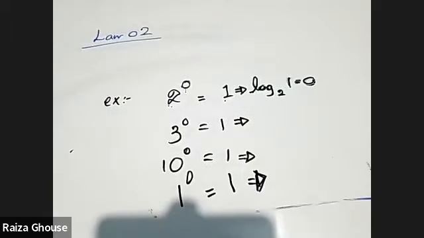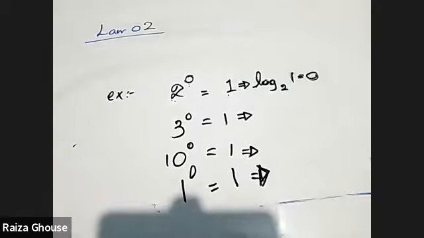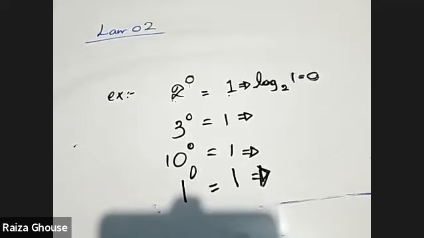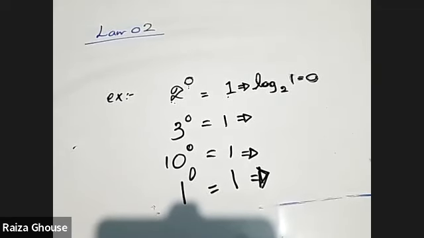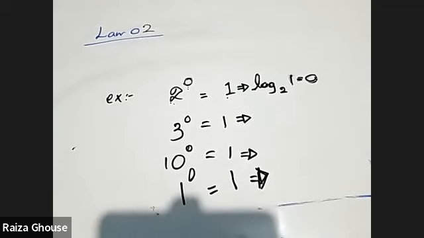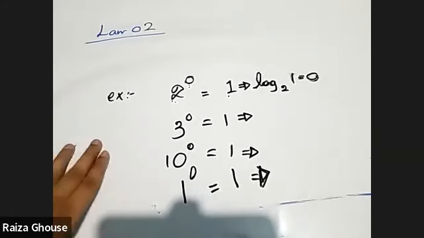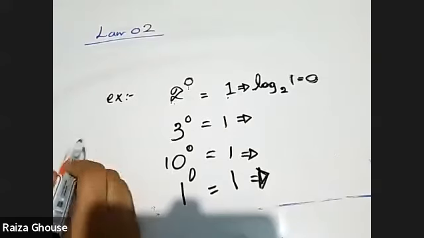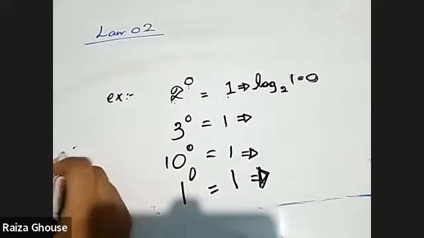Okay, Rukaya. The point is if your index is 0, base and value are different. Means if the index is 0, then shouldn't the value always be 1? Yeah, that is our law, Sahdiya, in laws of indices, the third law I taught you.